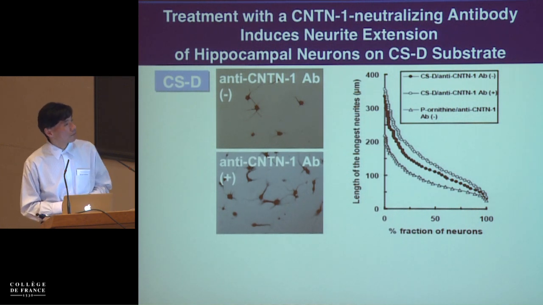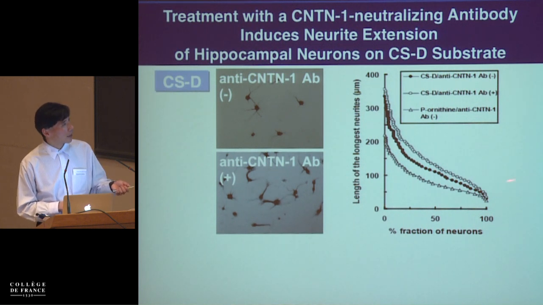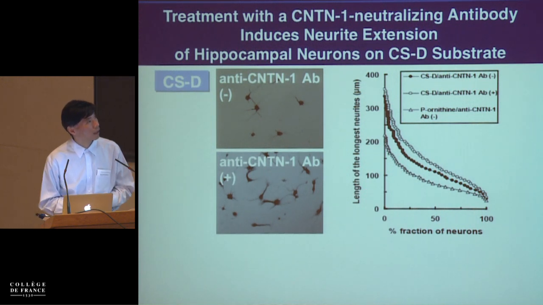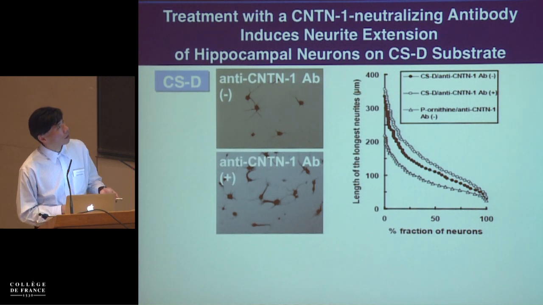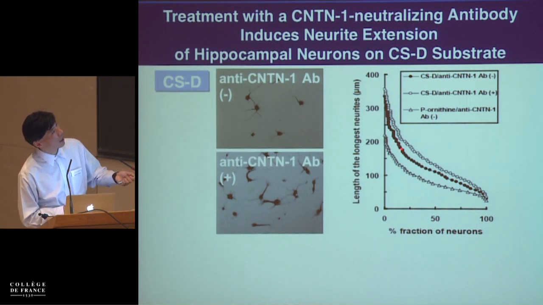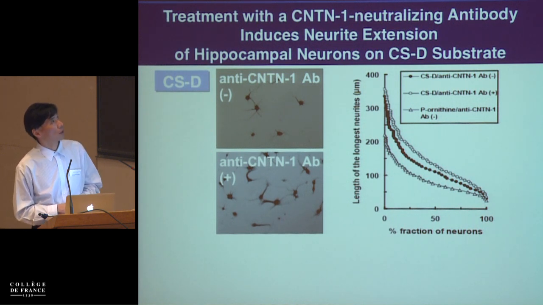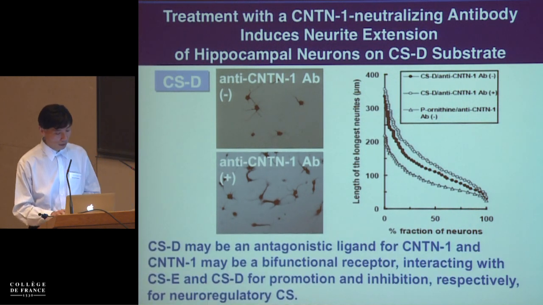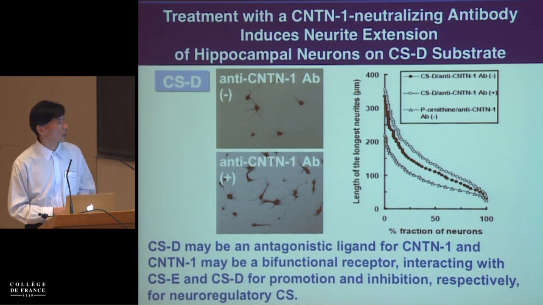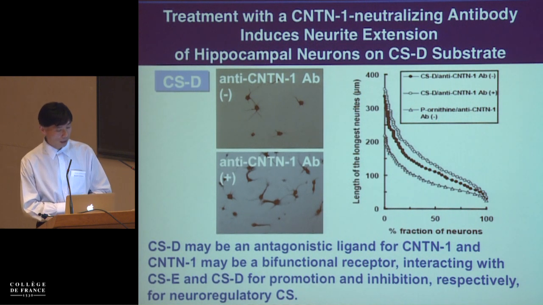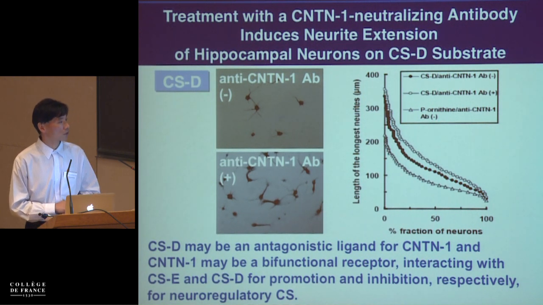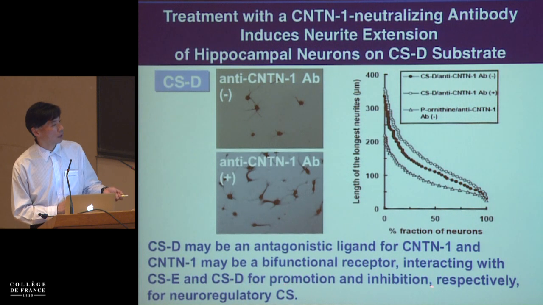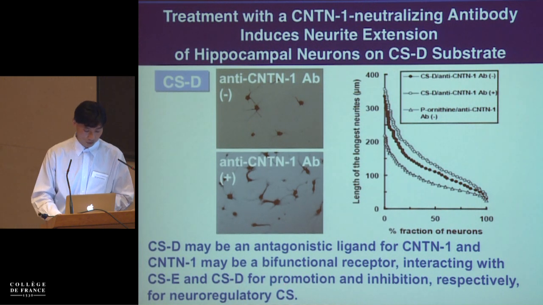As expected, quantitative analysis measuring the length of the longest neurite of individual hippocampal neurons reveals that treatment with contactin 1 neutralizing antibody, as indicated by the open circle, indeed induces neurite extension of hippocampal neurons on chondroitin sulfate D substrate, indicating that chondroitin sulfate D might be an antagonistic ligand for contactin 1, and contactin 1 might be a bifunctional receptor interacting with chondroitin sulfate E and D for promotion and inhibition, respectively, for neuroregulatory chondroitin sulfate.